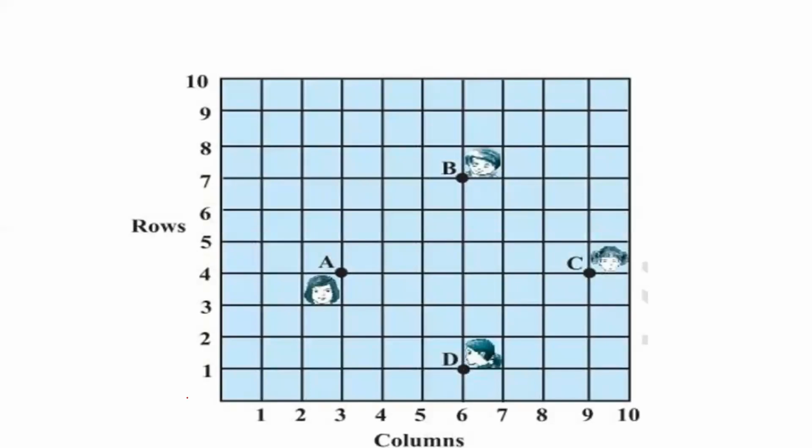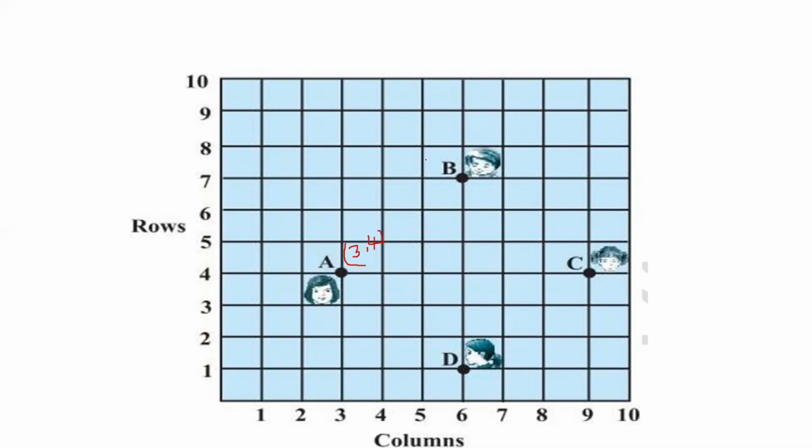If you notice carefully, in this question they haven't given us the points. They have just explained the situation, and you need to get the points here. The points are placed A, B, C, D, and we know how to write the points. A coordinates are 3, 4.